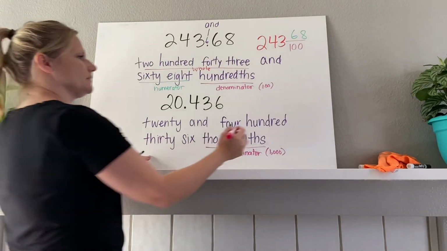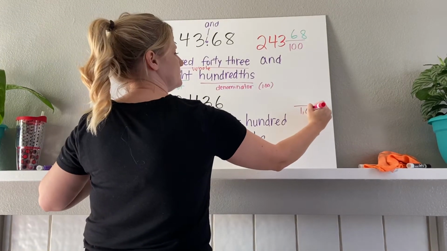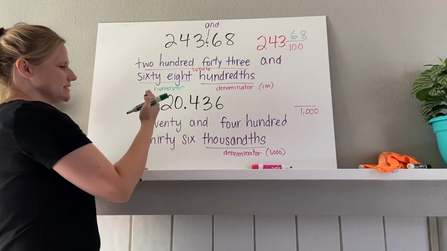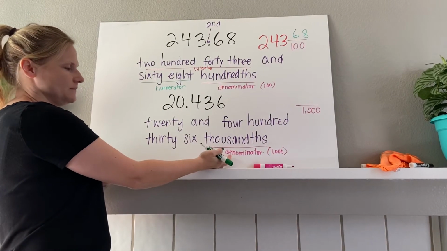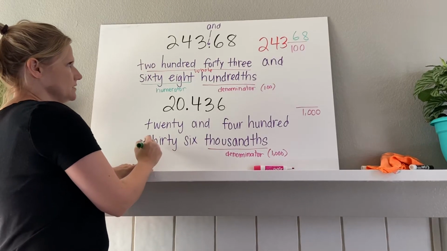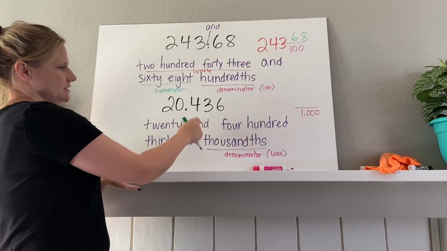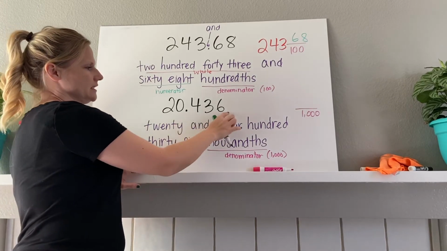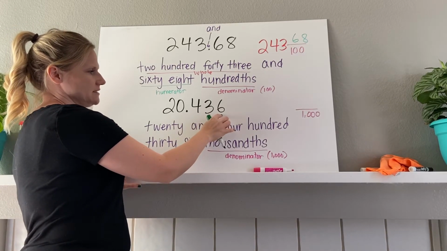So let's write this out actually. Again, the number that is to the left of your place value spot, that's going to be your numerator. In this instance, I wrote it on 2 different lines, so it's a little bit trickier, but if you look at this number, there's 436 thousandths.